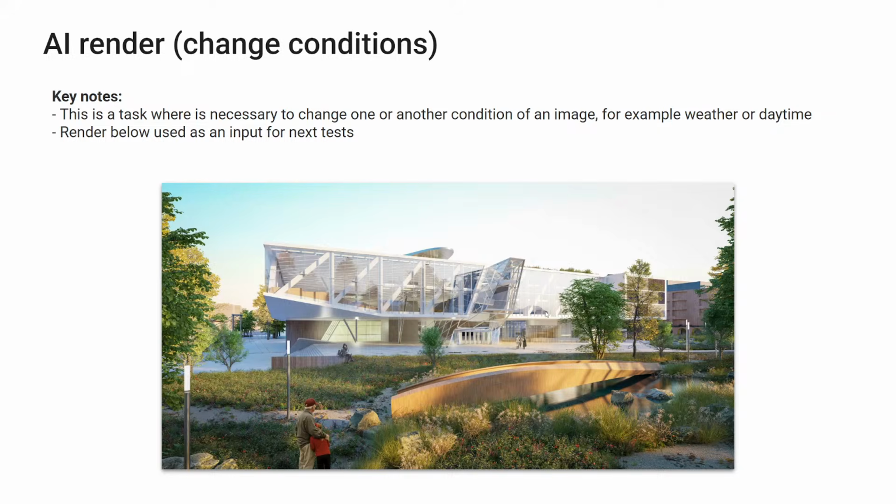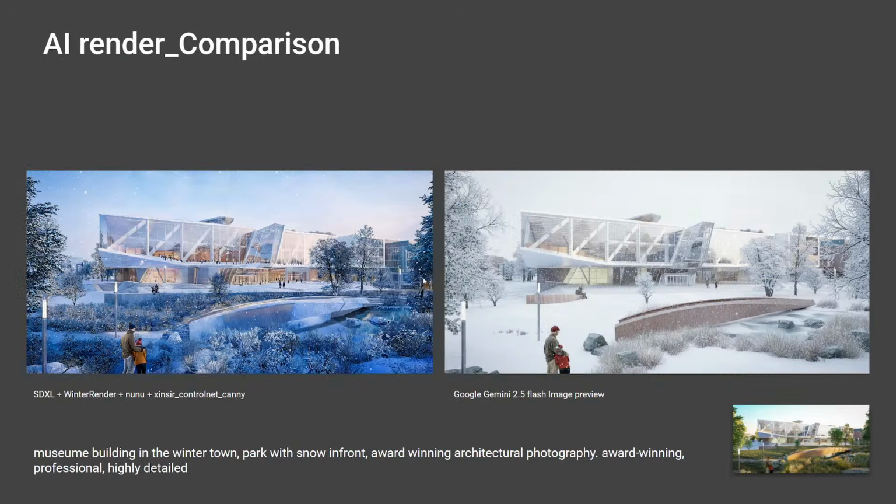But I want to change the mood of this image with the AI, so either weather or season or daytime or something like that. So for the results, I only tried to use this with SDXL and Gemini, nothing else.